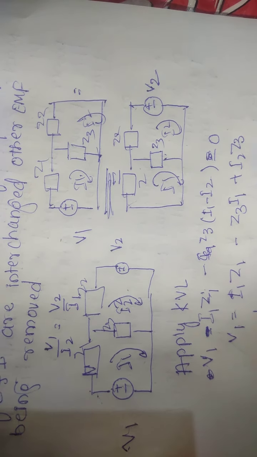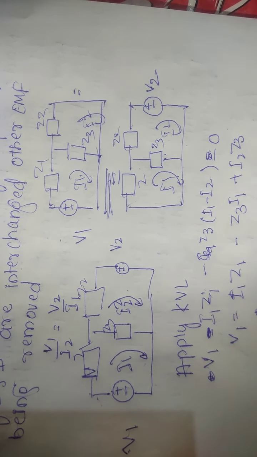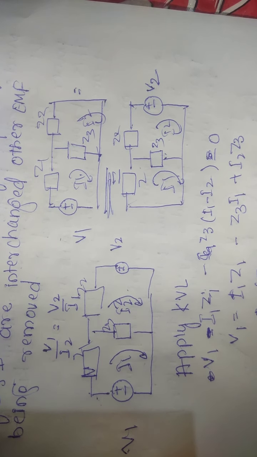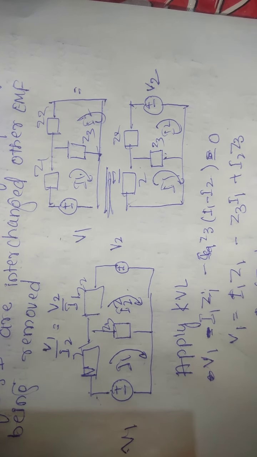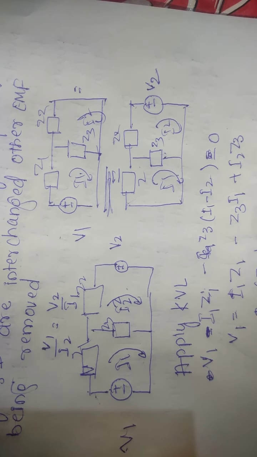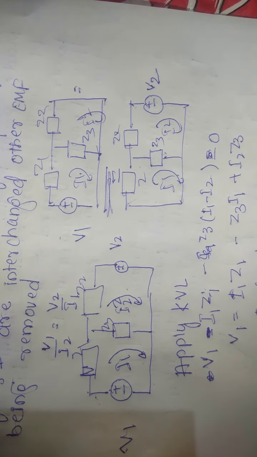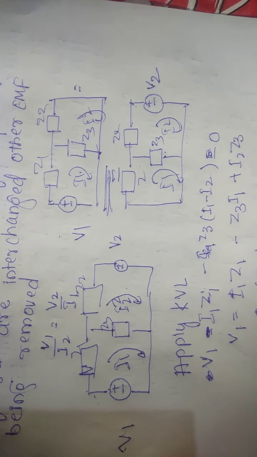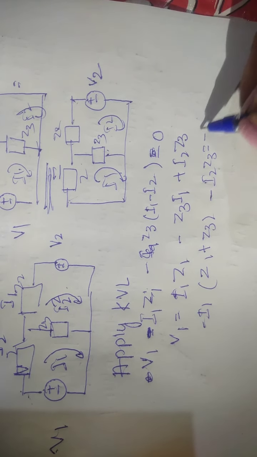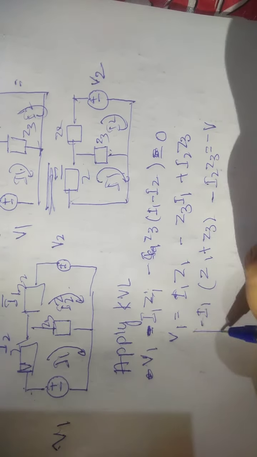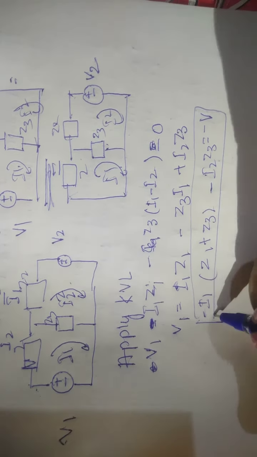Taking I1 common: minus (Z1 plus Z3) I1 plus I2 Z3 equals minus V1.